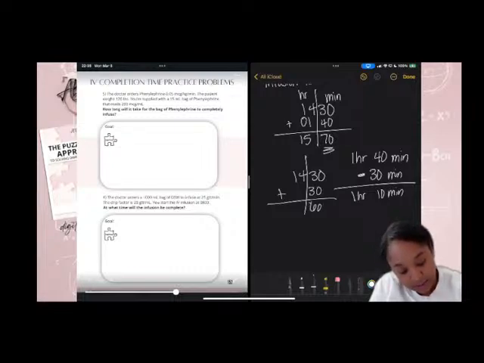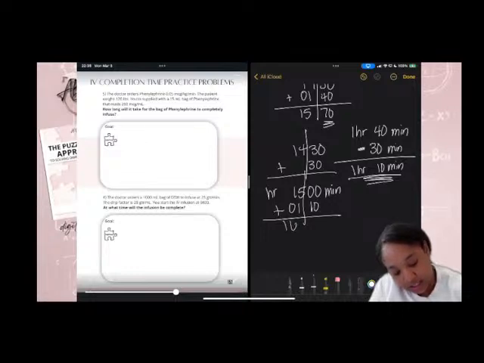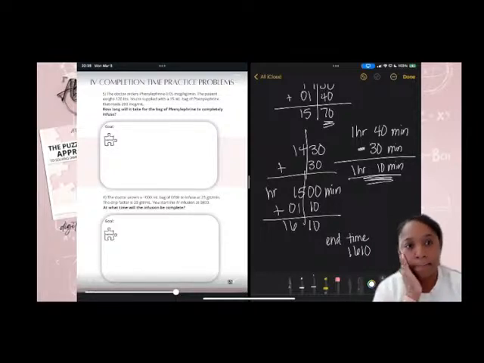That's going to round up to the next hour. So it'll be 3 o'clock if you add 30 minutes to 2:30, right? 1500 is 3 o'clock. So now you have 1 hour, because remember, this is the hour side, this is the minute side, and 10 minutes. So then you would get 16:10 as your end time. Okay?